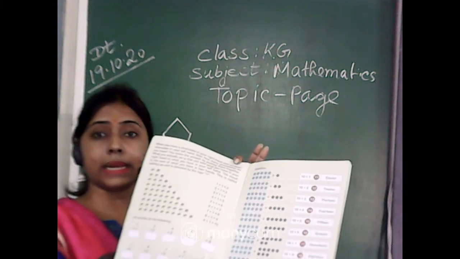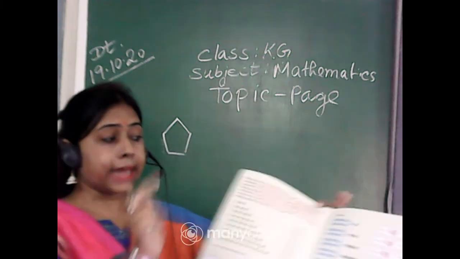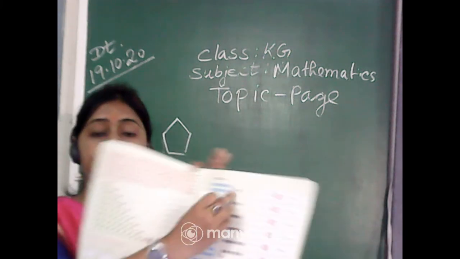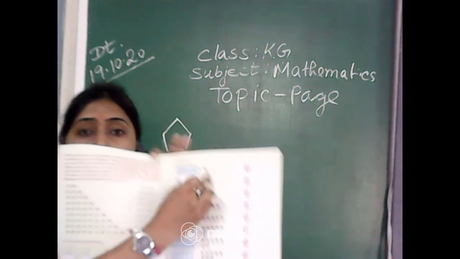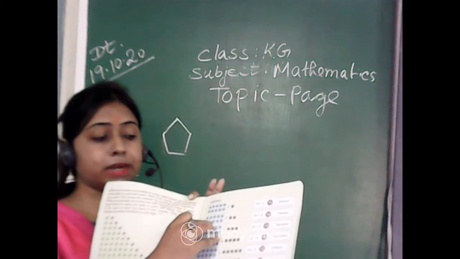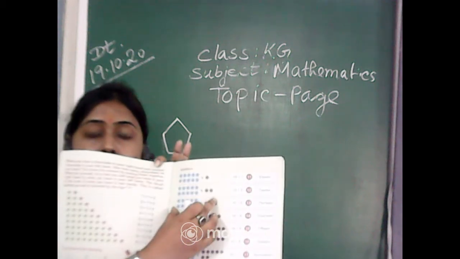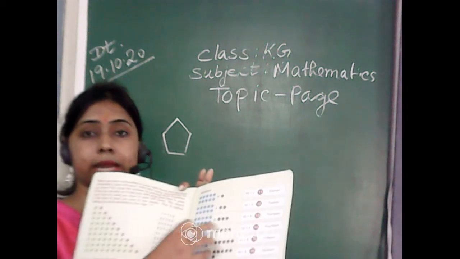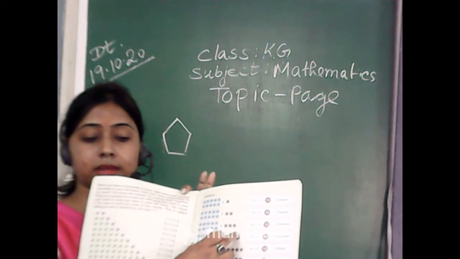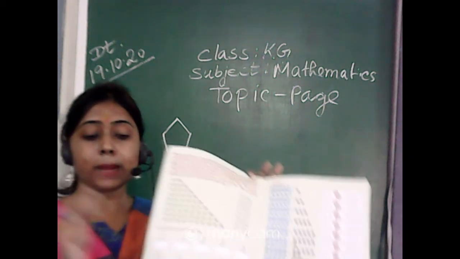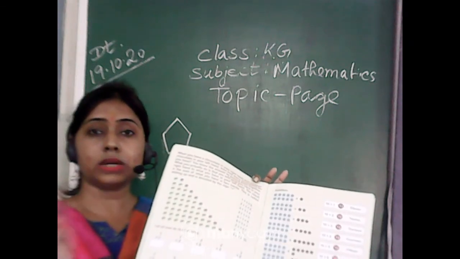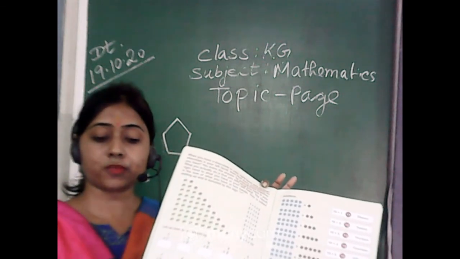And on the right side, first 10 plus 1 shape, then 10 plus 2 objects, then 10 plus 3 objects, 10 plus 4.